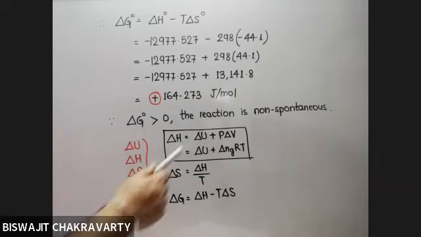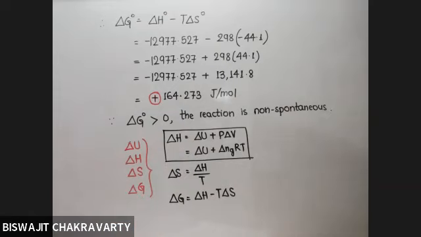So these are the relations, and you can see who is the common between all of them, which can help to join one with the other. Who is the common thermodynamic property in all these equations? Delta H. So enthalpy change is the common factor between all the different thermodynamic properties.